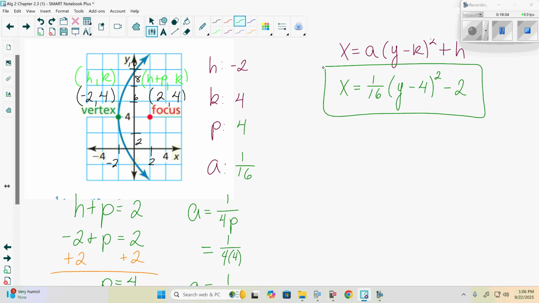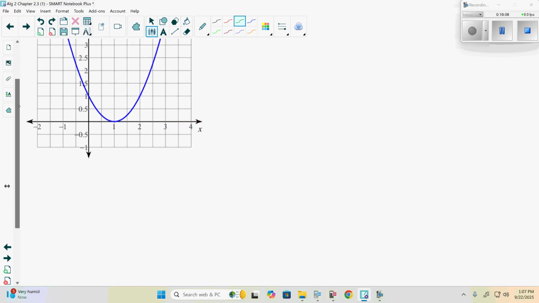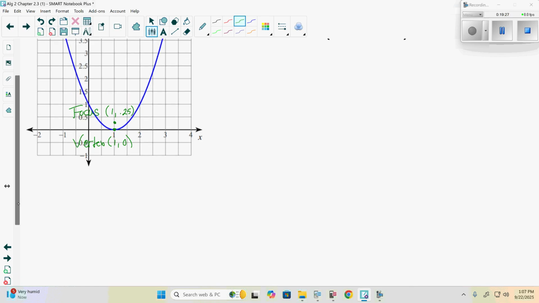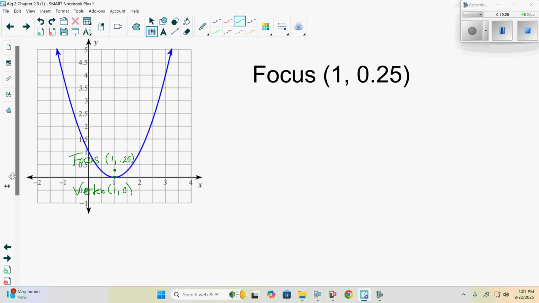Let's look at the next one. Now, they didn't put the focus on this here. That's because I made this one with the vertex and focus and gave us a graph for it.